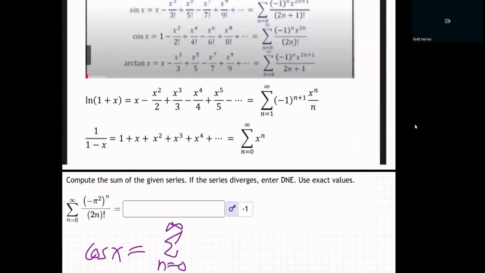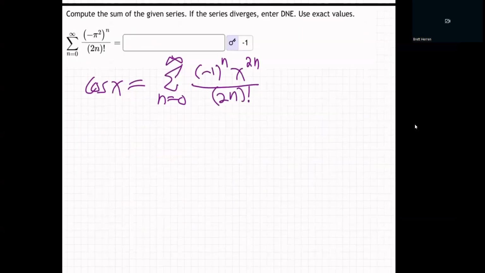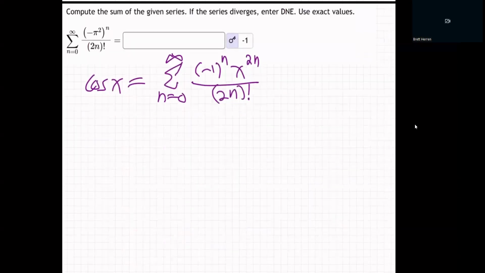What does it say? Right here. Of negative 1 to the n, x to the 2n over 2n factorial. Okay, so it's not exactly the same as this, but it's pretty close. Let's see if we can get it together here.